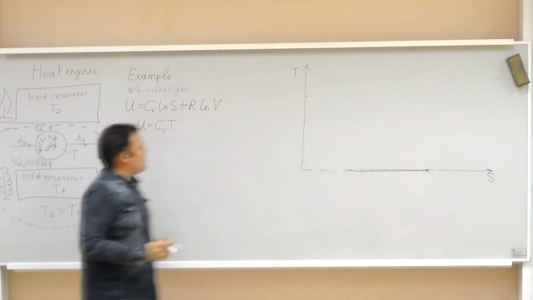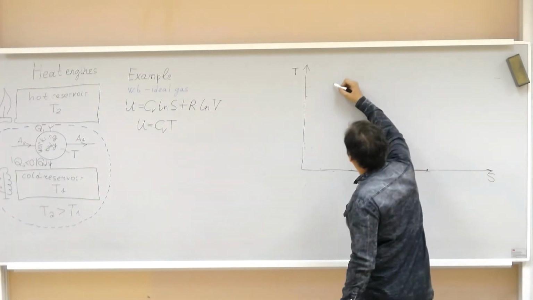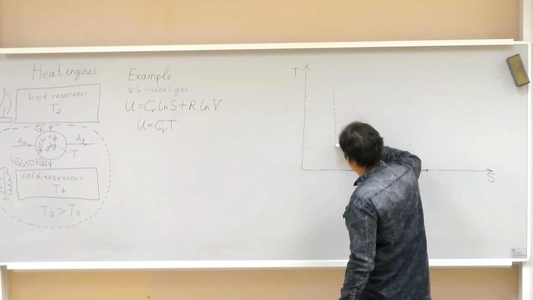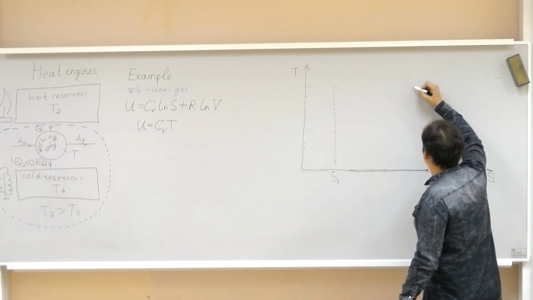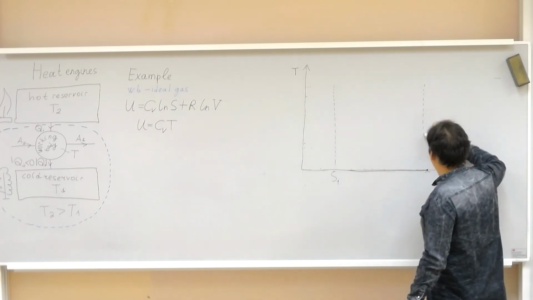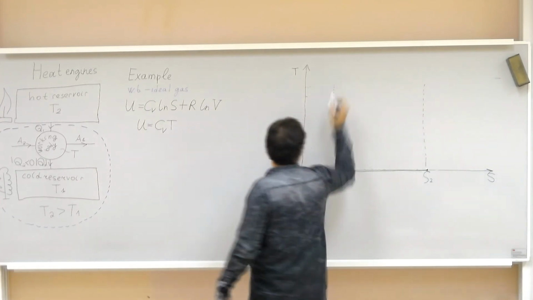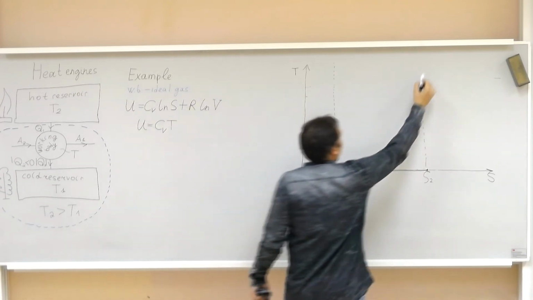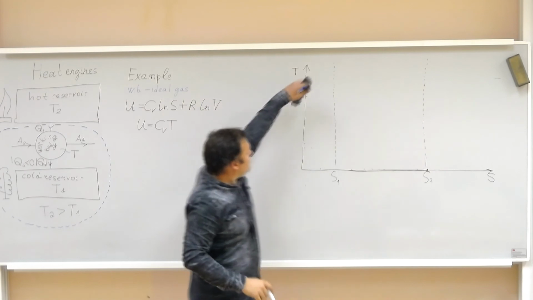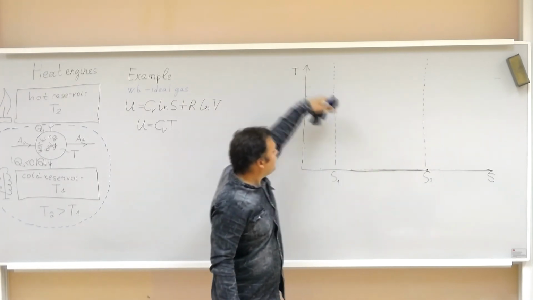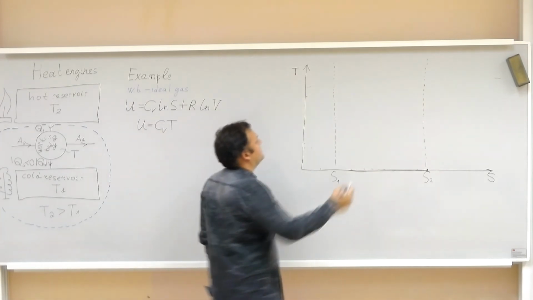Okay, and let us now determine a cycle. It includes two adiabates with the values of entropy S1 and S2. But the curves that connect these adiabates are isochors.